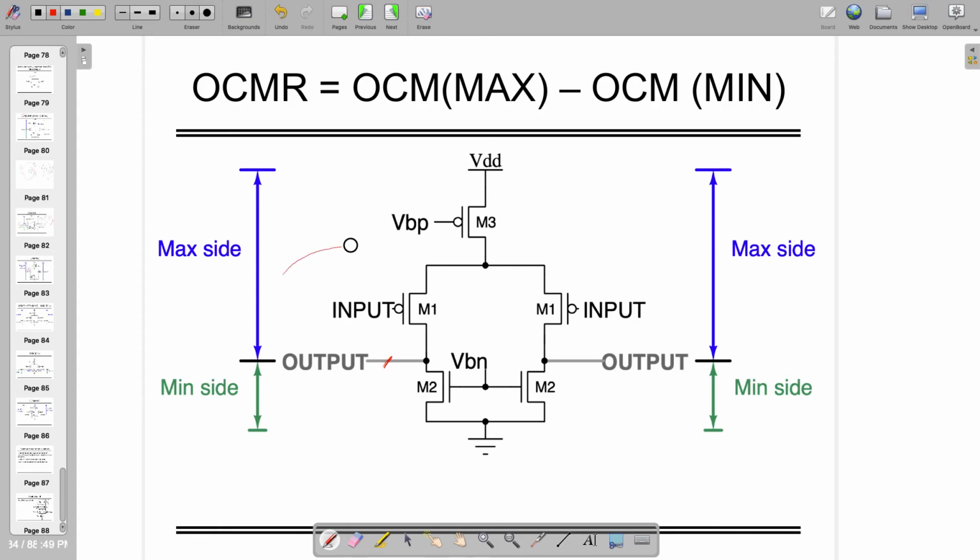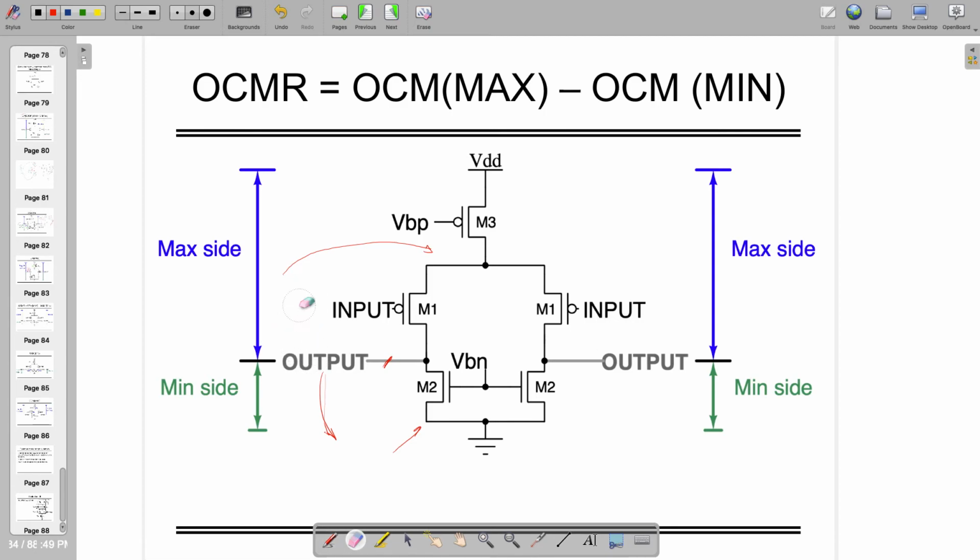They have to make sure that from here to here the voltages are the same, right? Because it's following the KVL. Everything is identical, so across each transistor the voltage will be the same. If I'm interested in finding out two things, output min side is with respect to ground and max side is from VDD to that particular node.